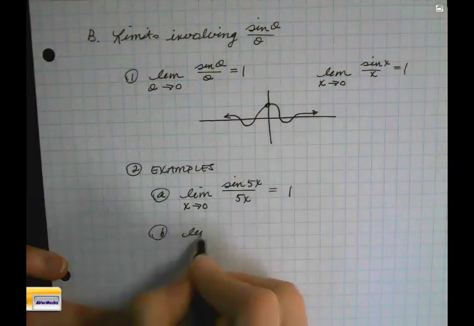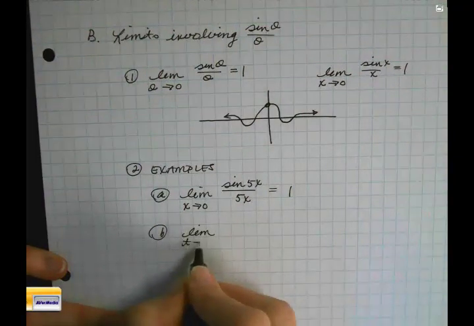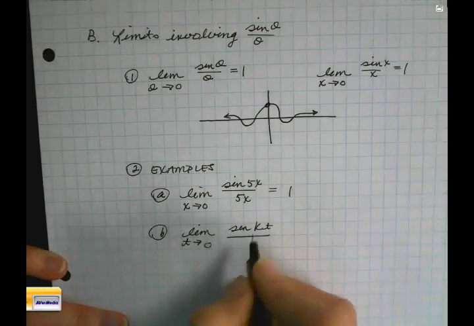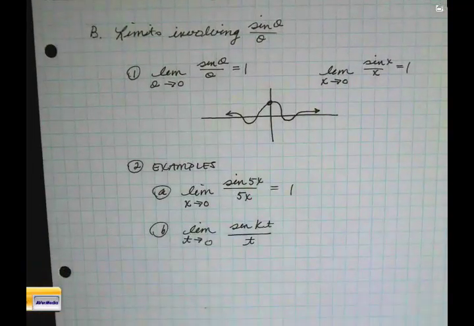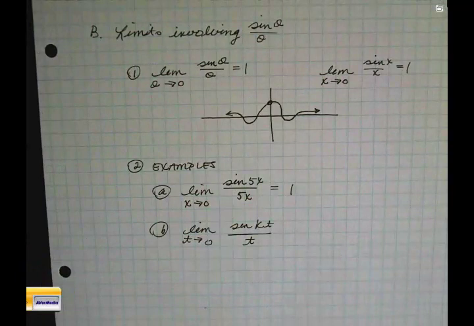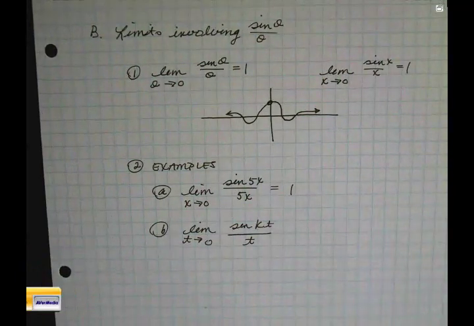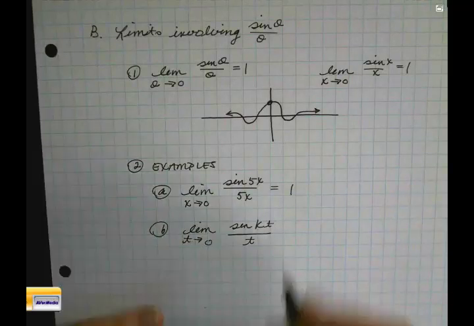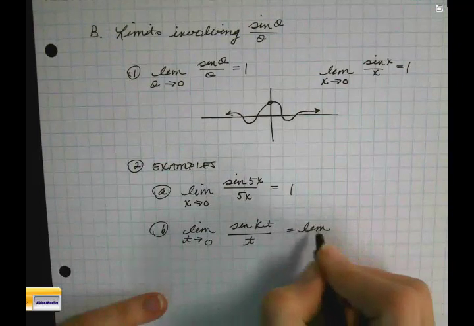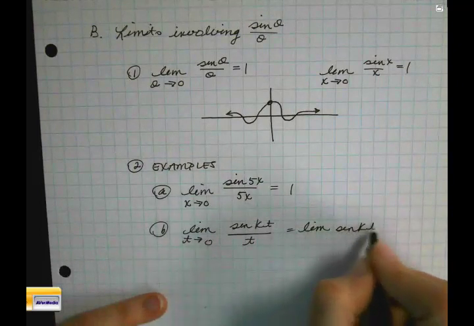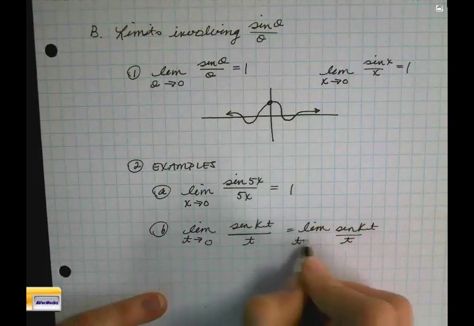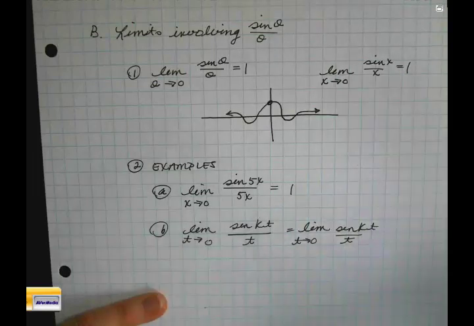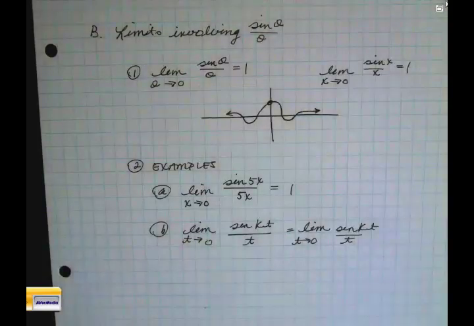Okay? So what if it says the limit as t approaches 0 of sine of k times t over t? No, I don't think I want to use the limit laws here. Okay, so what we can do is algebraically manipulate this because we need the bottom to also say kt. It must be kt over kt to use that lovely little identity.